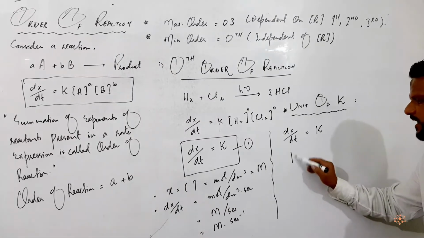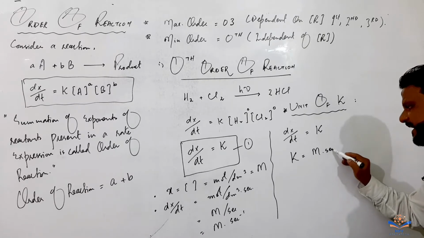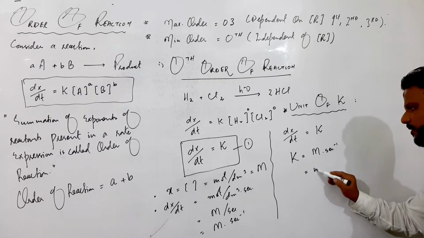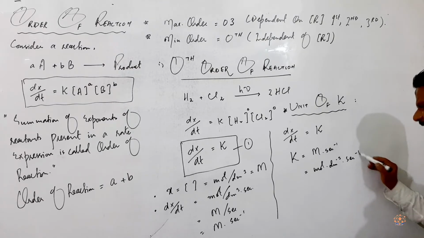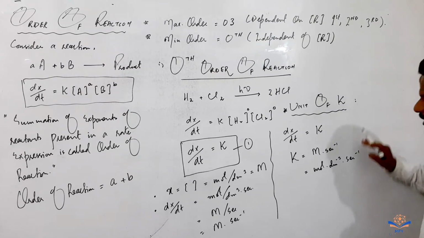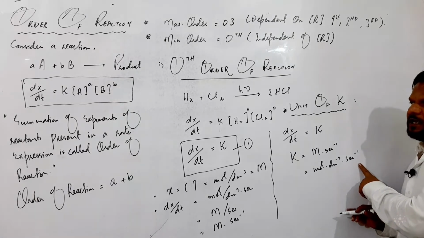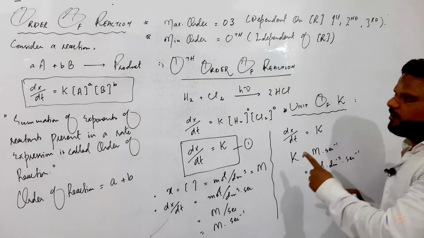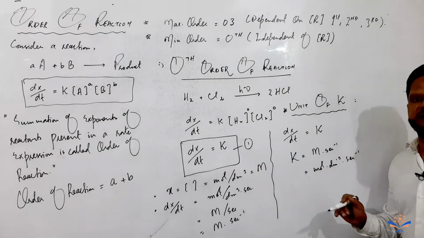It means that the unit of K will be molar second inverse or mole dm cube inverse and second inverse. They are both units which can be used in any type of numerical. Now we have done unit of K and rate expression for zeroth order reaction.